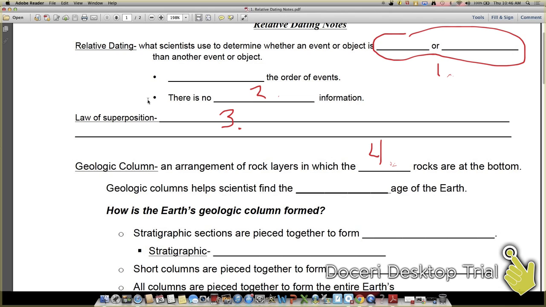Edison, stop tapping. These geologic columns help scientists find the blank age of the Earth.